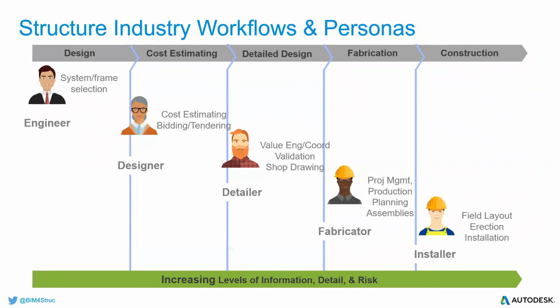Then out in the field, the construction team may also have their field layout and direction, plus the installation person, who ensures that whatever was designed and prefabricated is installed in the same way, to minimize the cost and the risks associated with that particular project. So those are some of the various personas we may be looking at when talking about structural engineering, with respect to the various changes happening in the construction industry today.